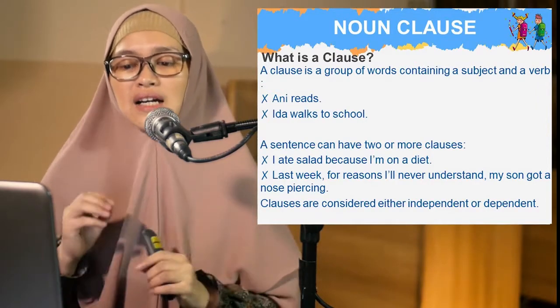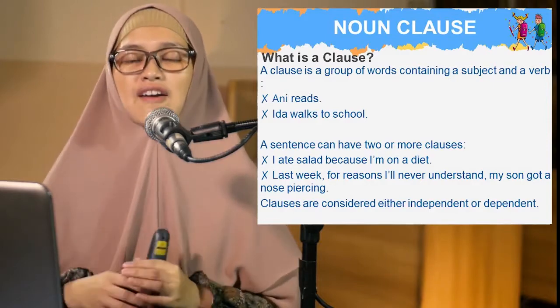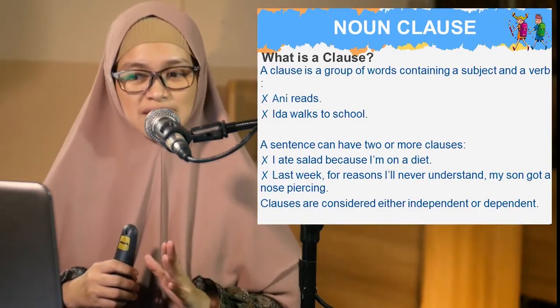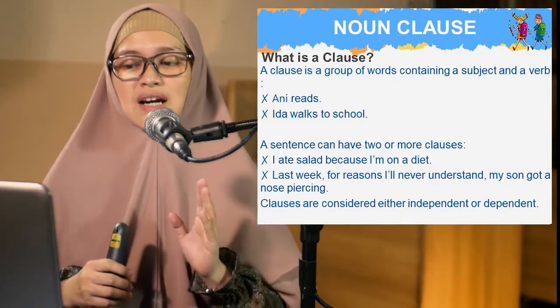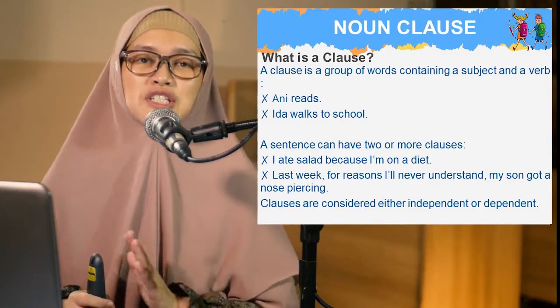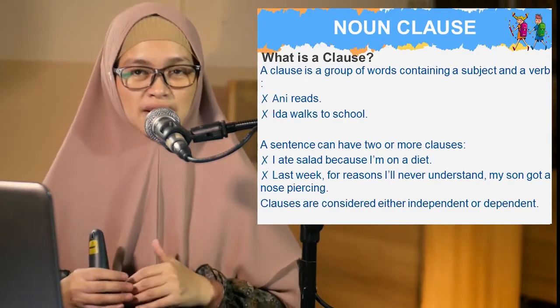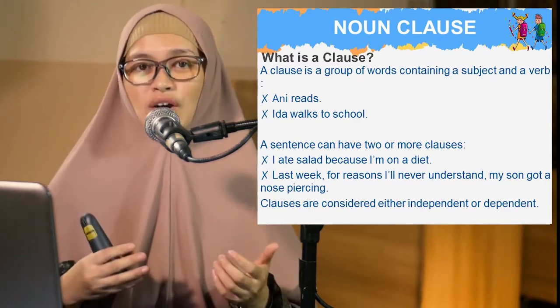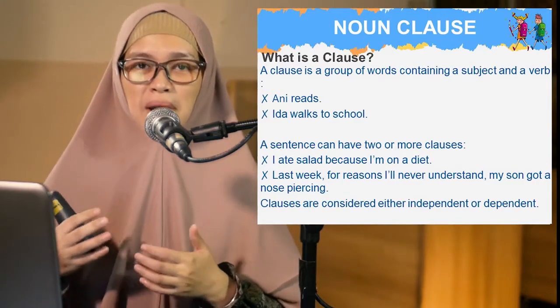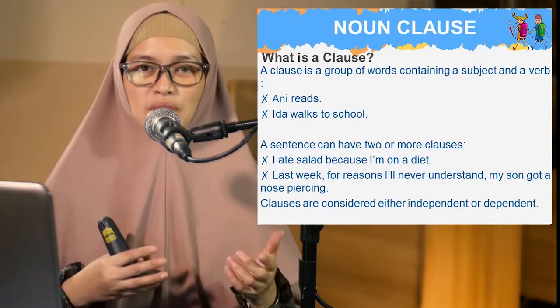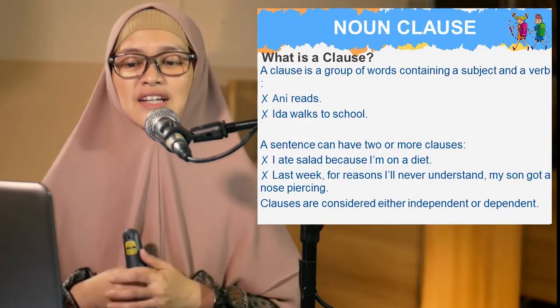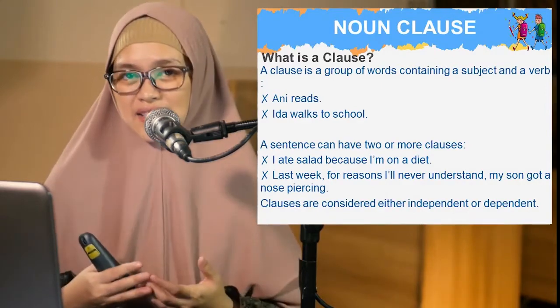Obviously, a sentence can have two or more clauses. The clauses are considered either independent or dependent. Independent means it can stand alone, and dependent really depends on the independent one. Okay, let's see here. I ate salad.